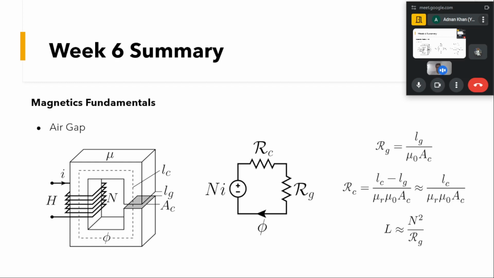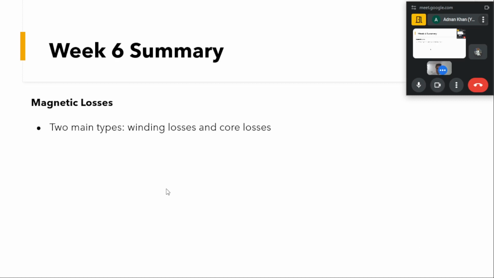Later you will see there are other aspects of introducing this air gap, such as limiting the maximum flux density, which will be taken up in the subsequent slides. So here you got the idea about the need for the air gap: if you want to vary the reluctance in the path of the core, we can do that by introducing this air gap.